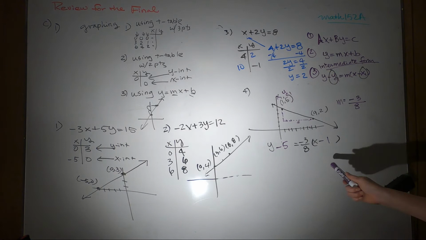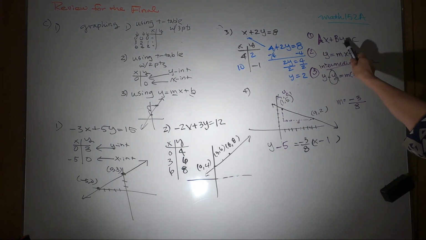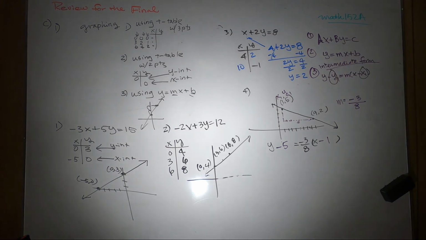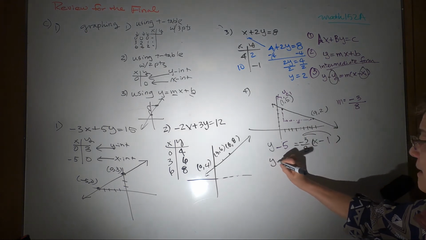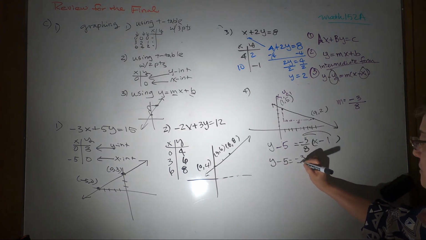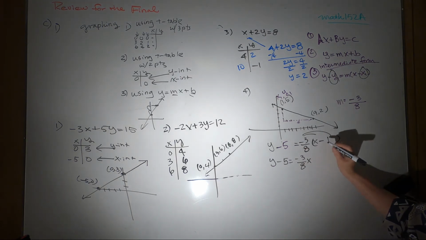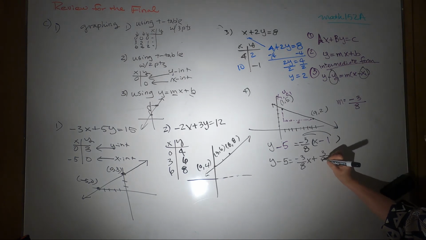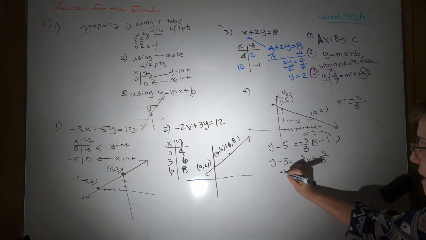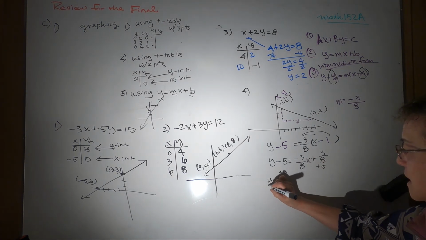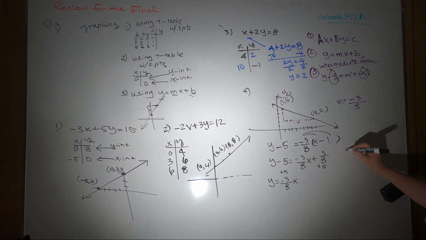That's just an intermediate step. Then we have to write the final answer in this style, standard form, right? So we just clean up. We distribute: y minus 5 equals negative 3/8 x, and negative times negative is positive 3/8, right? Then we move the number away, plus 5. So y equals negative 3/8 x plus 5 plus 3/8.